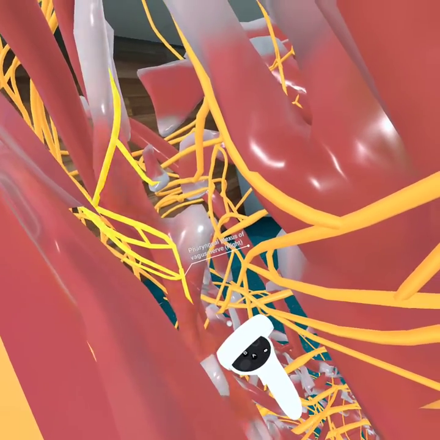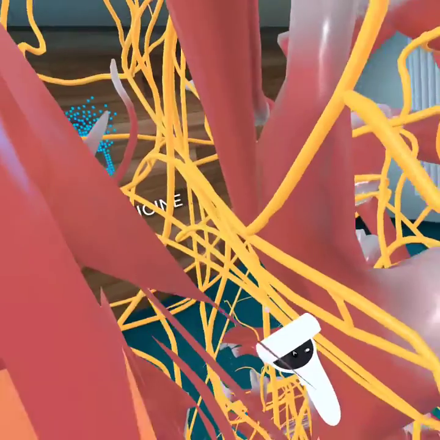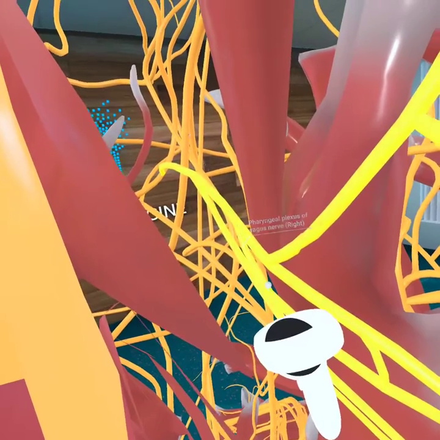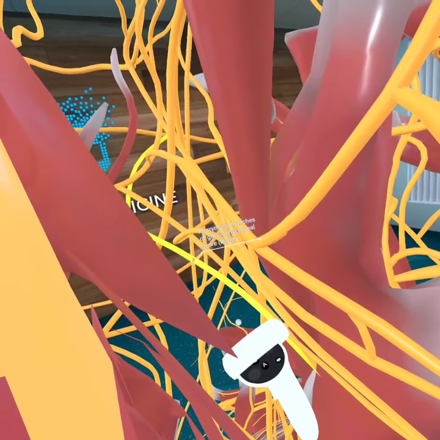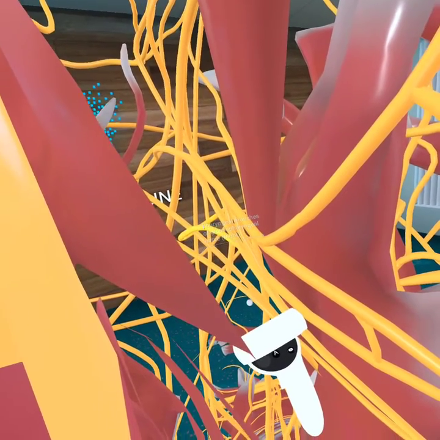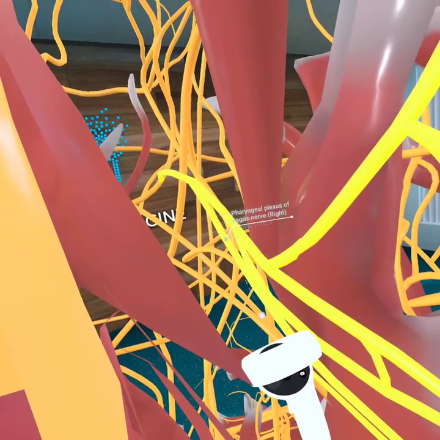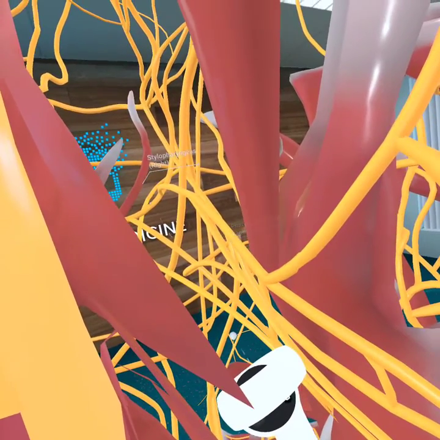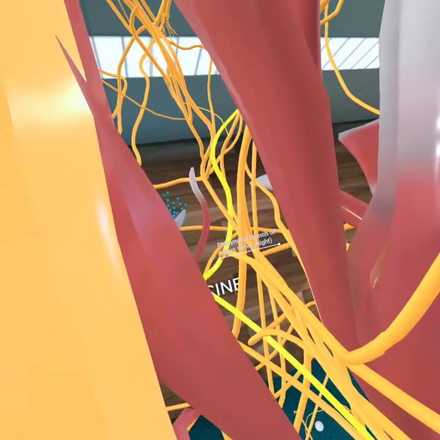And it keeps going. Pharyngeal plexus of the vagus nerve, and it keeps going. Pharyngeal branches of the glossopharyngeal. So that's the one I was looking at earlier. So you want the pharyngeal branch of the vagus nerve coming off of more.